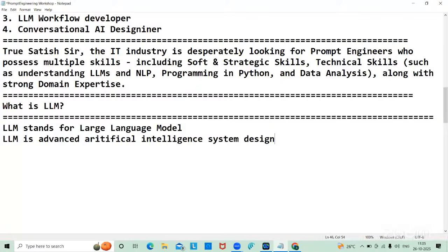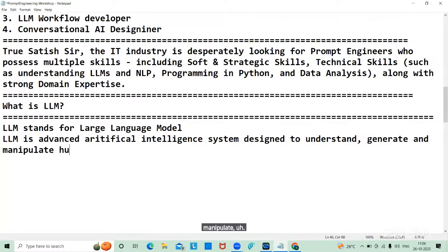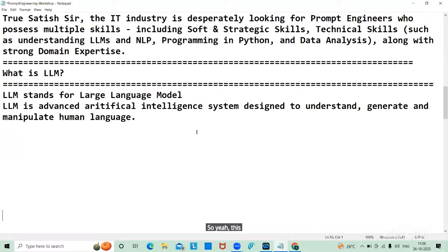designed to understand, generate, and manipulate human language. See here, this is the technical definition.